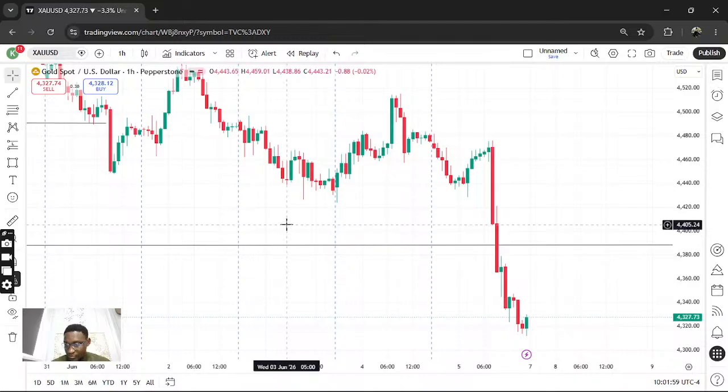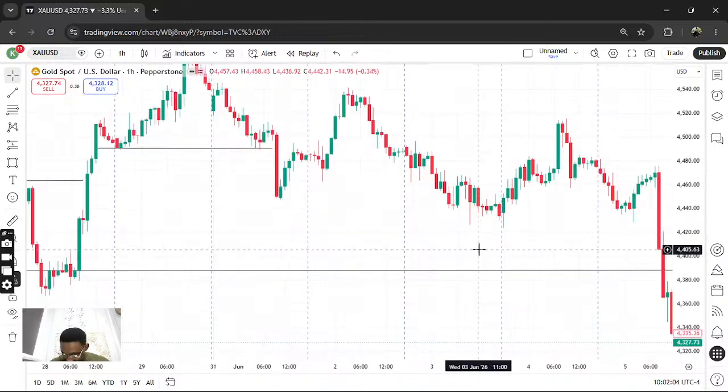This is gold market. Now, first of all, I want us to go to daily time frame and see what gold is doing from daily time frame.